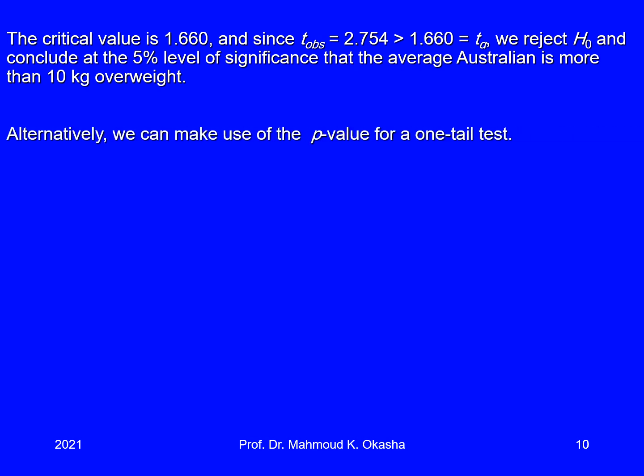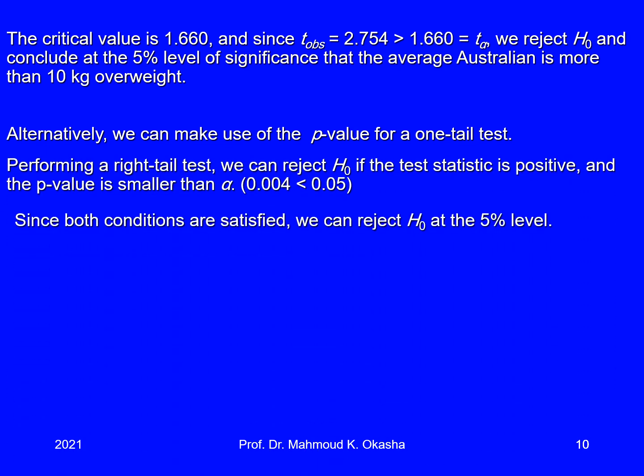Alternatively, we can make use of the p-value for the one-tail statistic. Since the p-value is 0.004, which is very well less than 0.05, that means we must reject the null hypothesis.